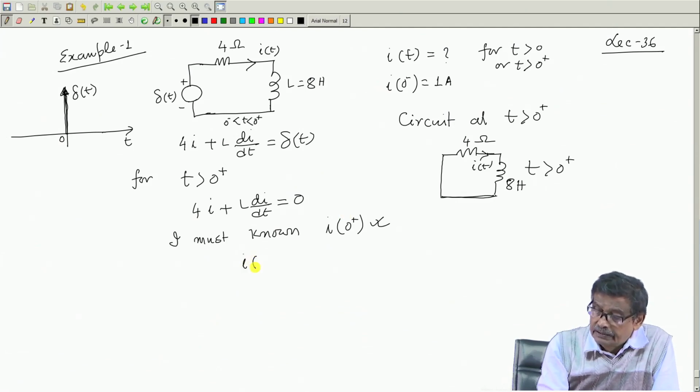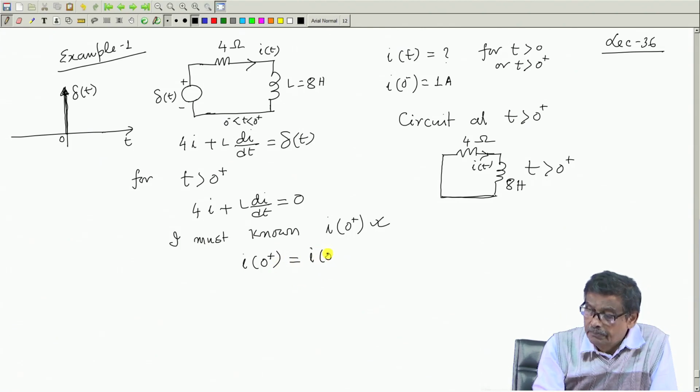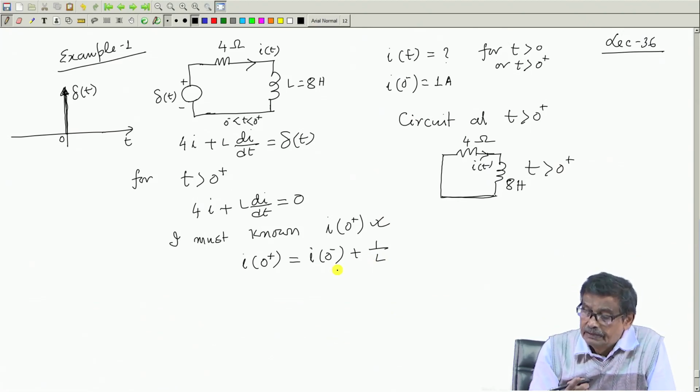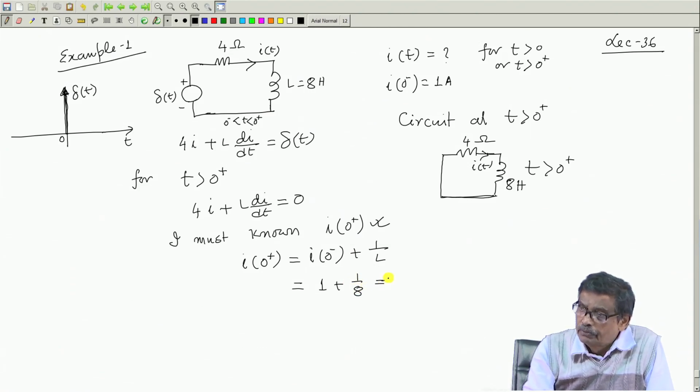We have seen that I 0 plus will be equal to I 0 minus plus 1 by L, is that not what we have seen? Now, I 0 minus is 1 ampere. So, 1 plus 1 by 8, 1 by 8 is 0.125. So, 1.125 ampere.